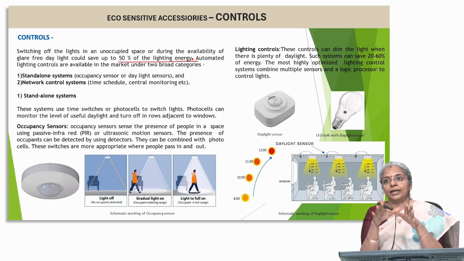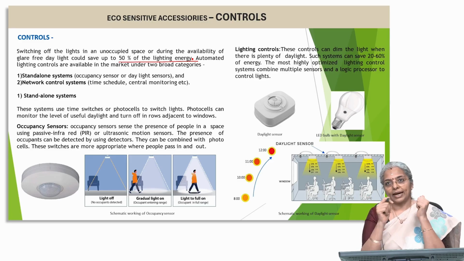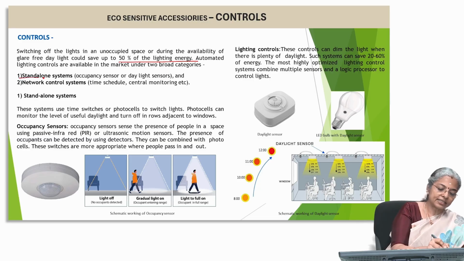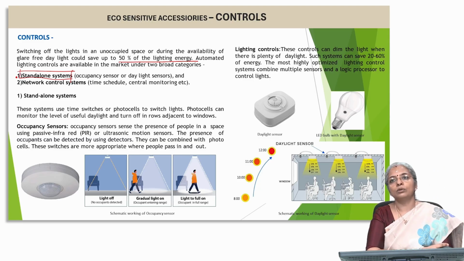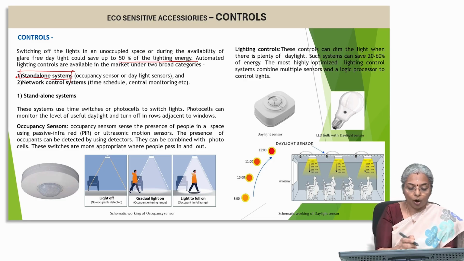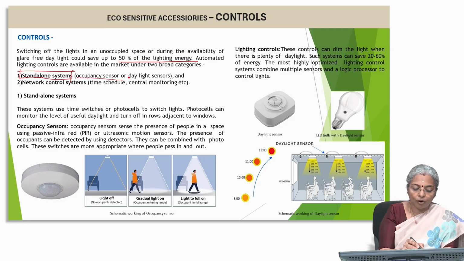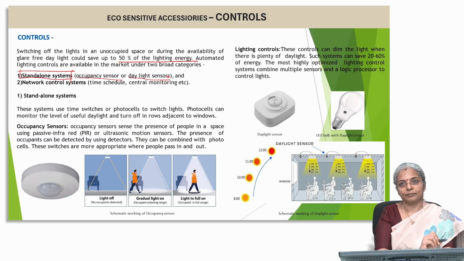Also, automated lighting controls are available under two broad categories. First is the stand-alone system. This stand-alone system works with an occupancy sensor or daylight sensor.